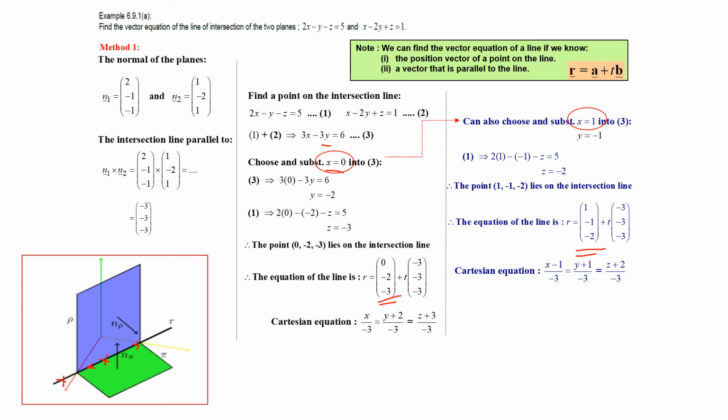You can substitute this position vector into the equations of the planes. It must fulfill both equations. If it fulfills both equations, then this is the correct one.